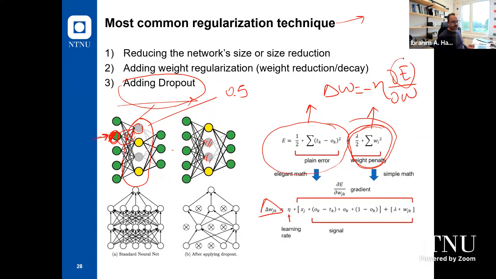This cost function is a mean squared error, so we can just add that penalty part to it. When we differentiate, we try to minimize this summation effect, so delta omega will include that part here.